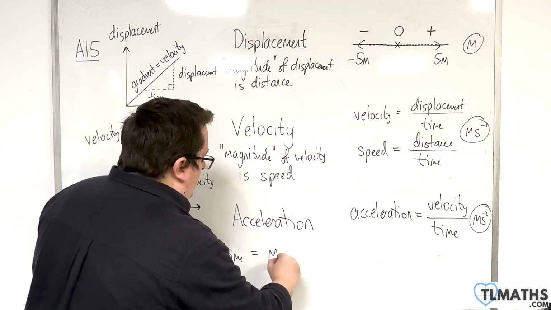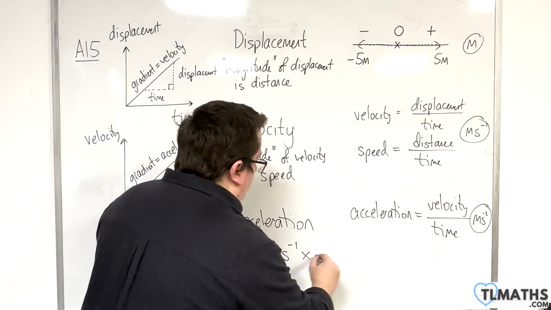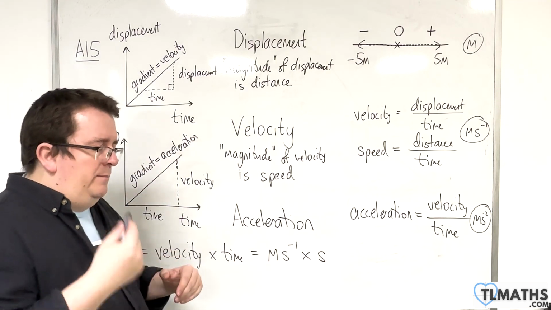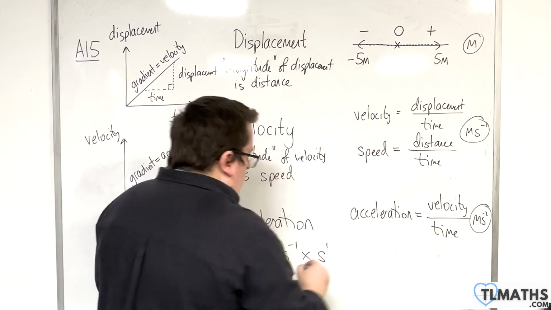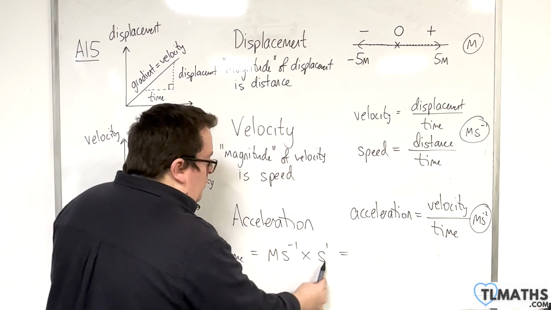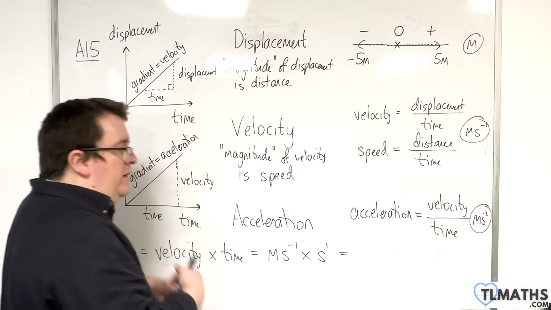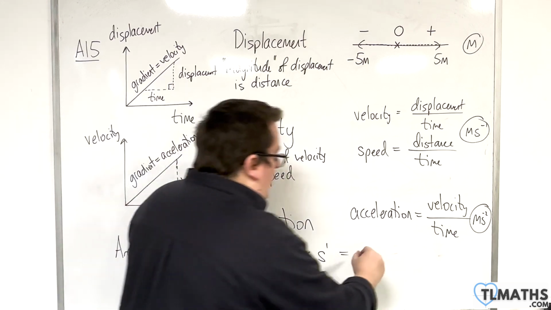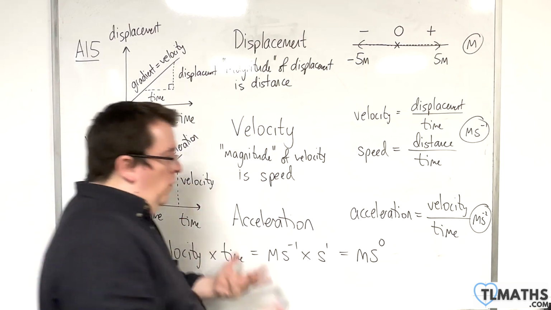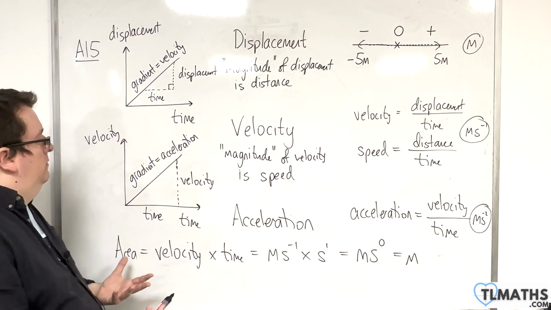Velocity is meters per second. Time is in seconds. So when you multiply meters per second by seconds, imagine s to the 1 there. Using your indices knowledge, the indices add, -1 plus 1 is 0. So you get s to the 0, which is just 1, and you're left with meters.